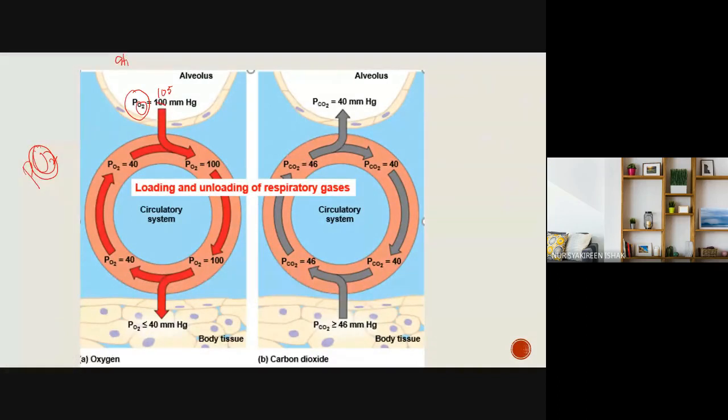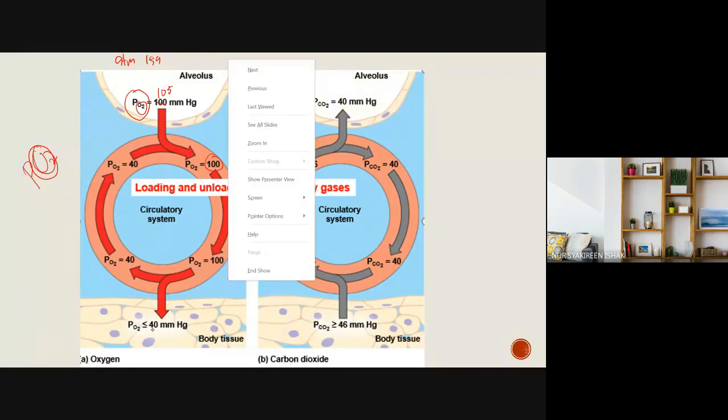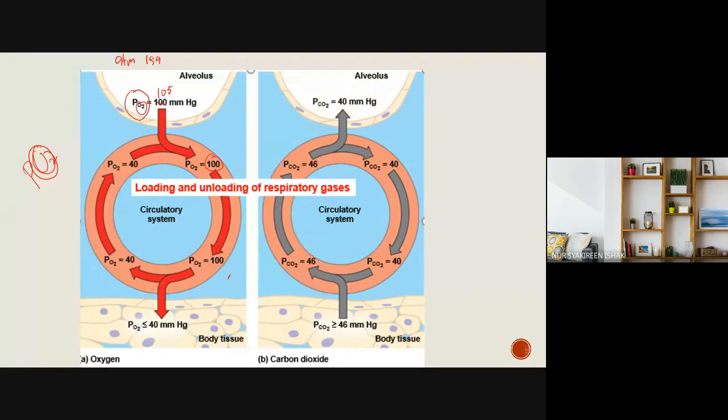Atmosphere, jot down kat sini is 159. Okay, for oxygen. So 159 from the atmosphere into the alveolus, 105 into the blood vessels, 100 into your body cell is 40. Okay, less than 40, something like that. And masuk balik ke dalam aliran darah awak, dia akan maintain 40. Okay. And for carbon dioxide in the opposite direction, so from body cells into your blood vessels.